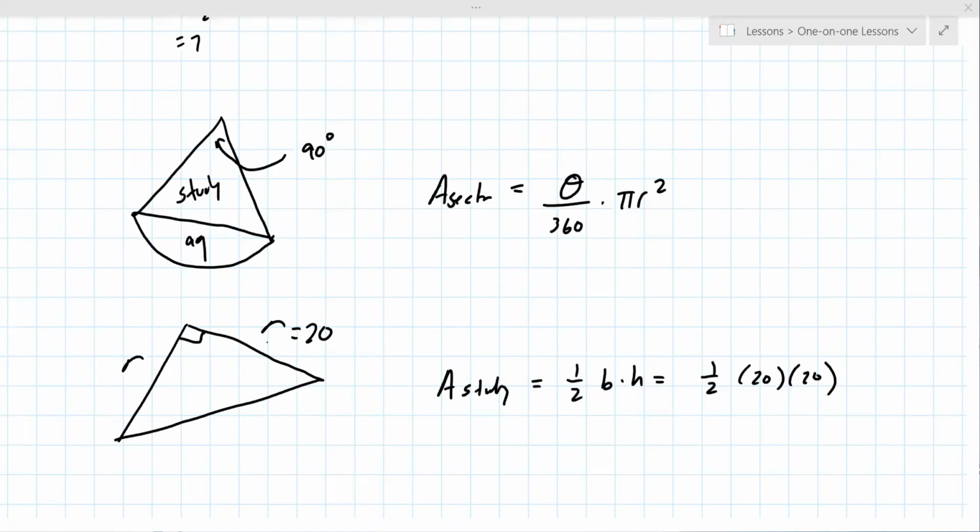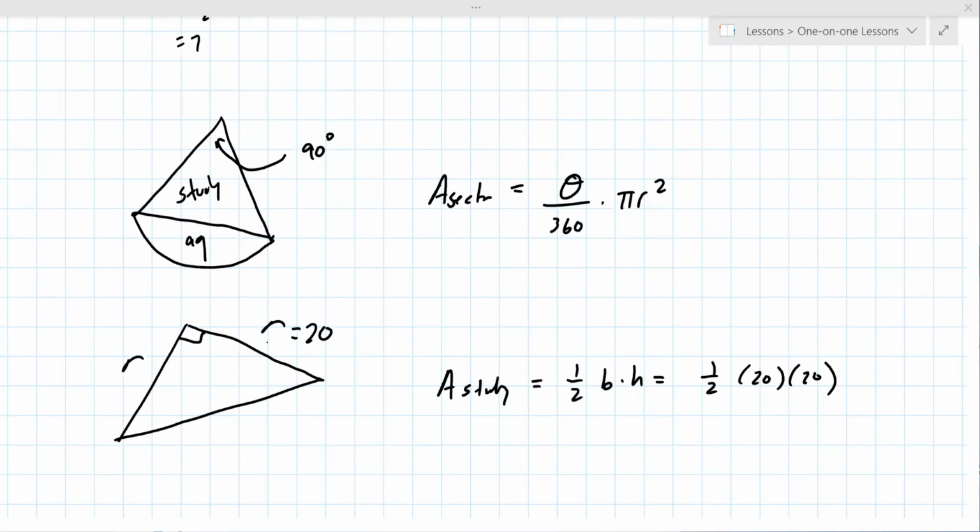Okay. So now the aquarium, this is where it's a little bit more difficult. The aquarium is the area of the sector minus the area of the study. It's the whole sector slice, which is this formula over here on the right, minus the triangle which we just found. So I'm going to write it that way: the area of the sector minus the area of the study.